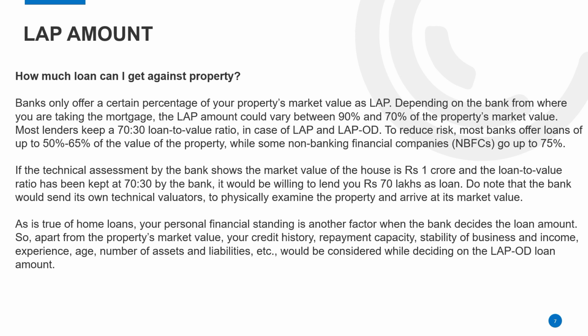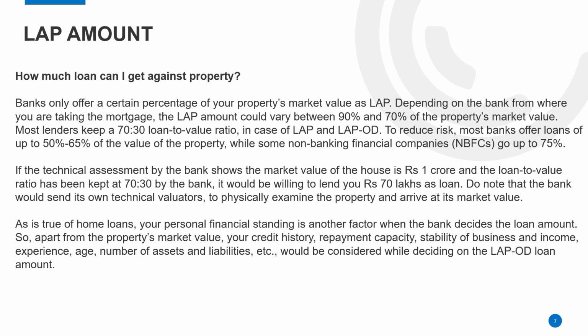If the technical assessment by the bank shows the market value of the house is 1 crore rupees and the loan-to-value ratio has been kept at 70:30 by the bank, it would be willing to lend you 70 lakh rupees as loan. Do note that the bank would send its own technical valuators to physically examine the property and arrive at its market value.